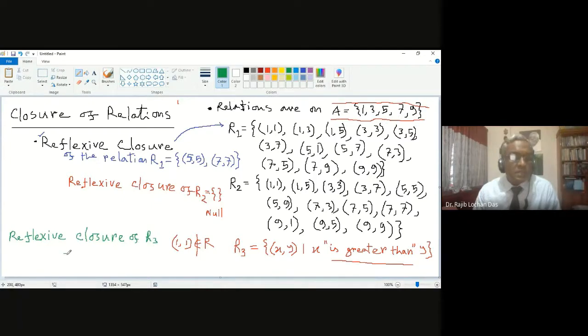R3 is a set of x comma x, and you can write for all x in A. That means every x is missing here. So for every x, x comma x should be a member in the closure. You understand now?